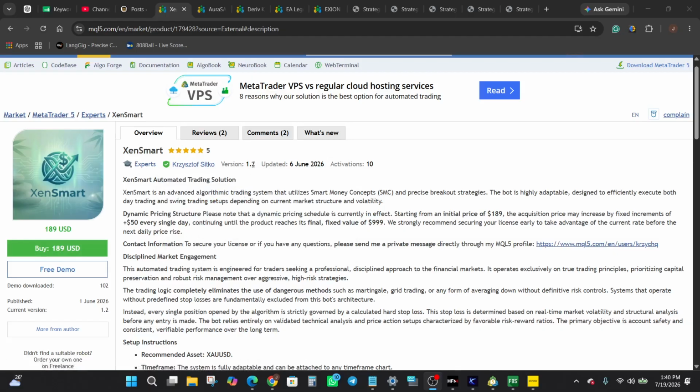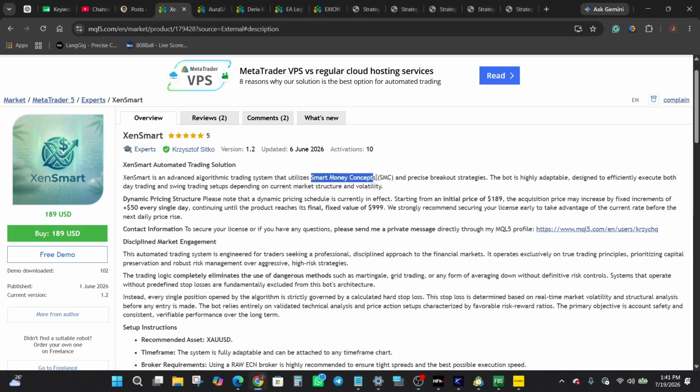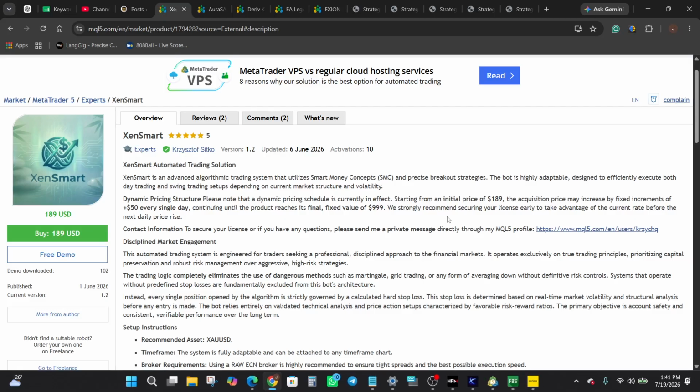It's on version 1.2, last updated in early June 2026. Now, scrolling into the description, this is built around smart money concept and breakout strategies. It's positioned as adaptable enough to handle both day trading and swing trading setups depending on current market structure.